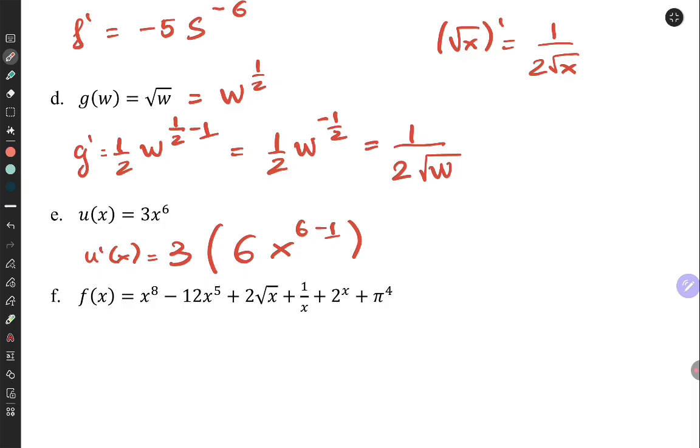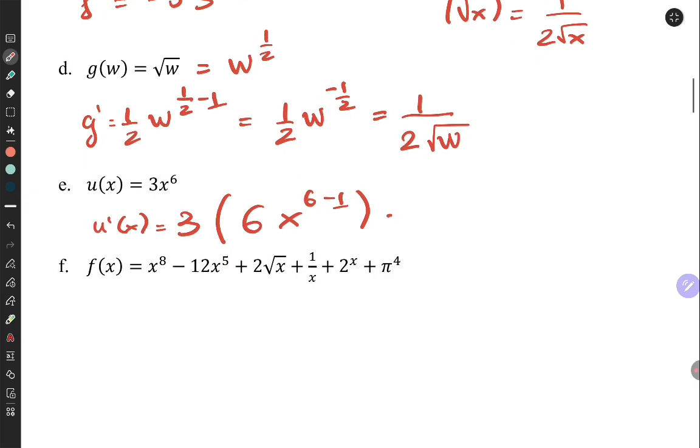There you go. So when you apply the power rule, you apply it to x to the 6, right? 6 goes down, x to the power 6 minus 1. That number 3 outside, keep it outside, right? Therefore 3 times 6, you have 18x to the 5.